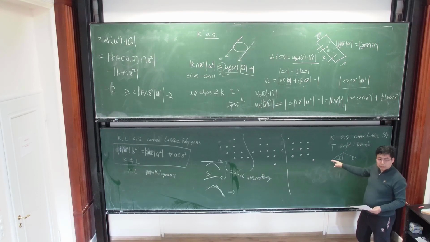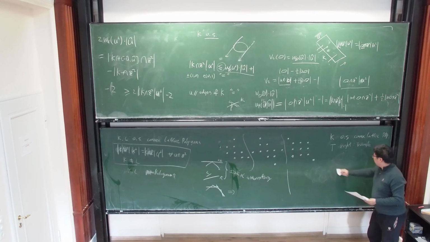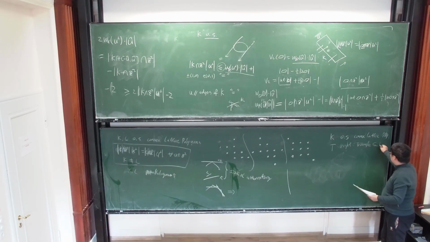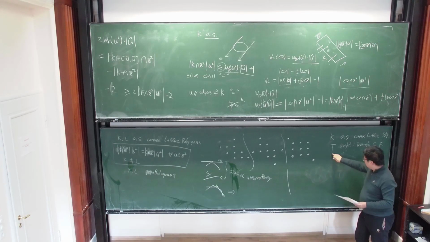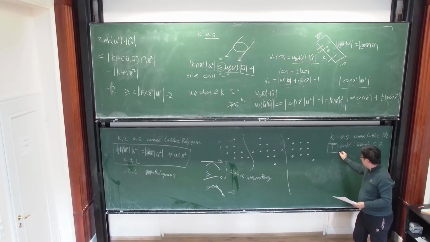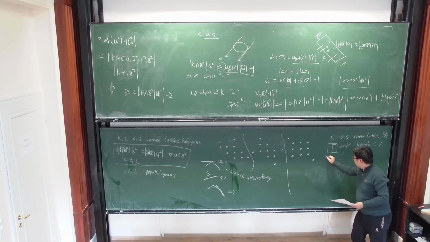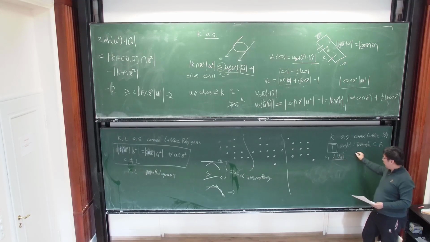So it's a right triangle. If we have a right triangle inside of K, you consider the vector of the edges. For example, this one has vertices O, V_i and V_{i+1}, where V_{i+1} is one edge of K.